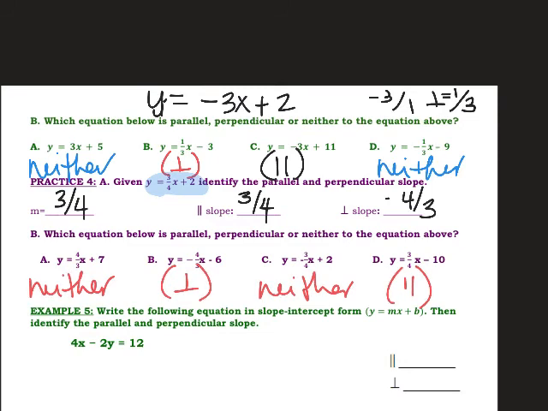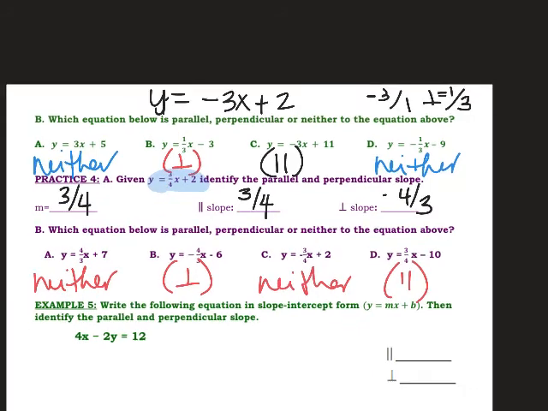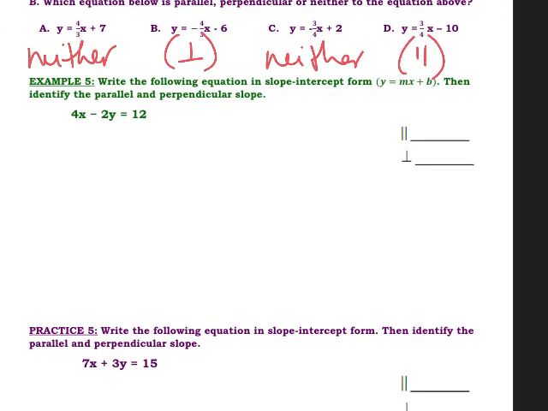Okay. So with this one, the equation was in the y equals form, and we were able to identify the slope pretty easily because it's next to the x. So what do I need to do with example 5 then? Solve for what letter first? I need to put it in slope-intercept form, so I need to get the y by itself.